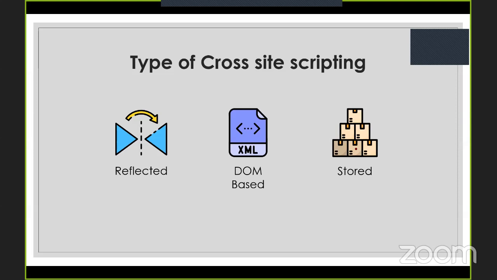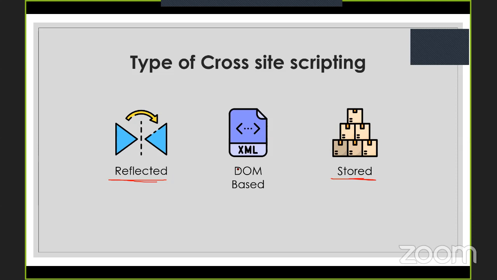There are 3 types of cross-site scripting. The first one is reflected. The second one is DOM-based cross-site scripting. The third one is stored cross-site scripting. But I'm going to explain both of these, reflected and stored.